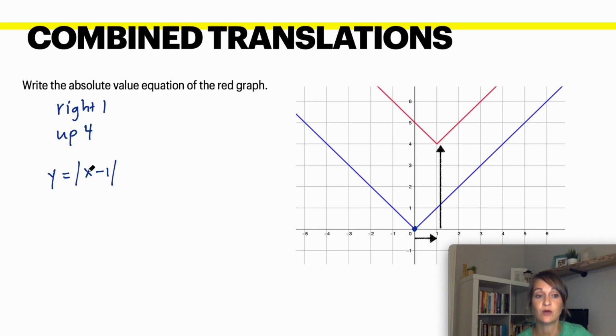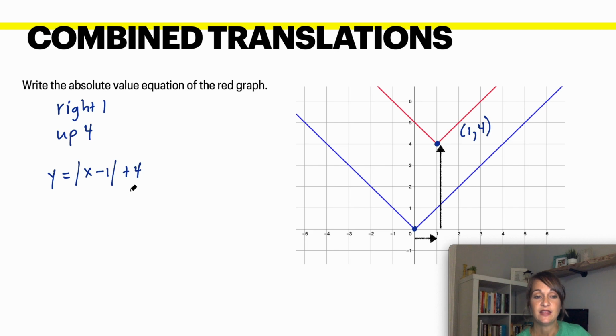A positive 1 means you actually do a -1. Why? Because a positive 1 is what gives us 0. And then it moved up 4, which means you just add 4 to the outside. So this new vertex is the coordinate point 1, 4. The x value becomes its opposite sign, and the y value does exactly what it says, +4 on the outside.